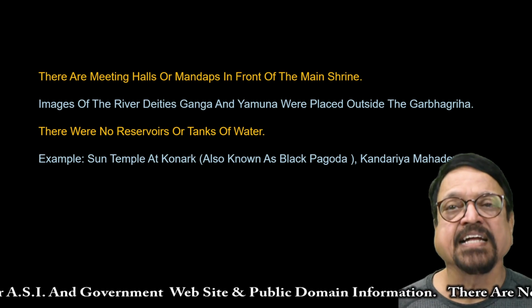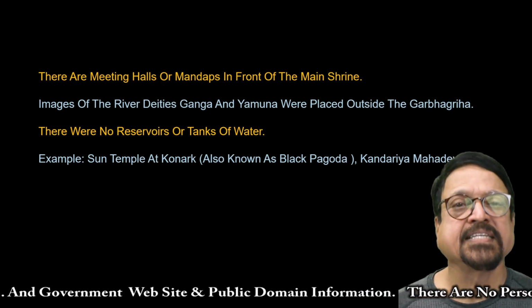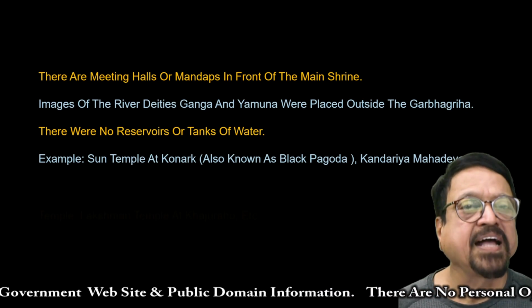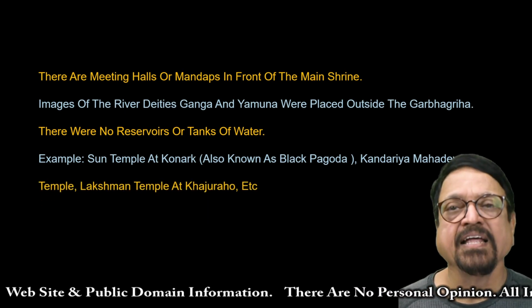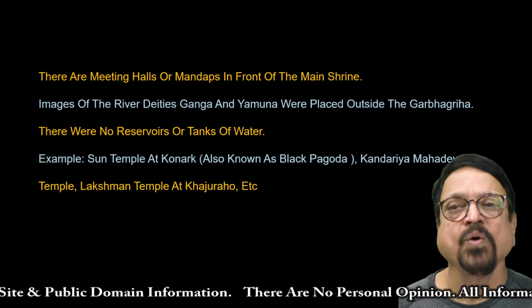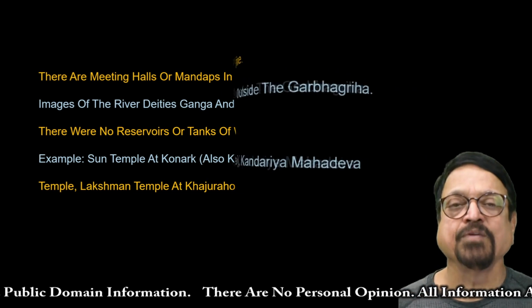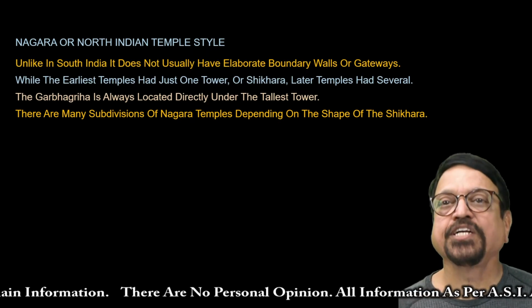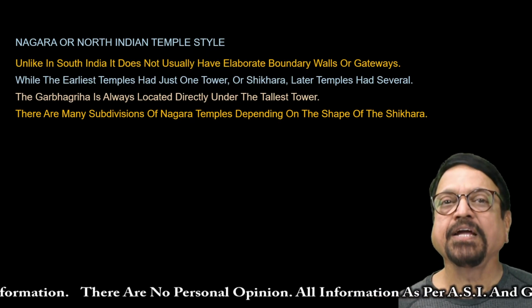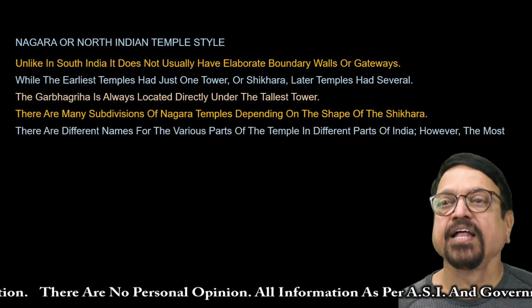The examples are the Sun Temple at Konark, also known as Black Pagoda, then Gandaria Mahadev Temple, Lakshman Temple at Khajuraho, etc. These are the temples which meet these criteria. There are many subdivisions of the Nagara temple depending on the shape of the Shikhara.